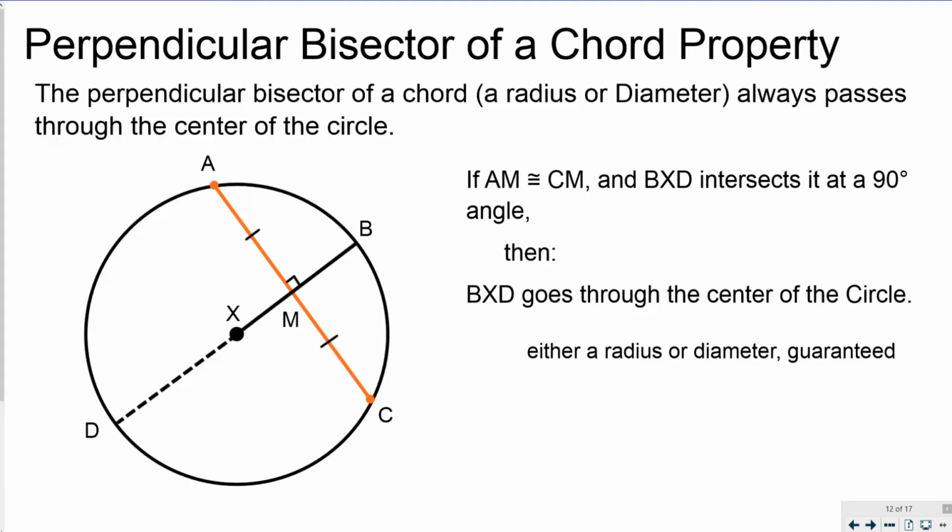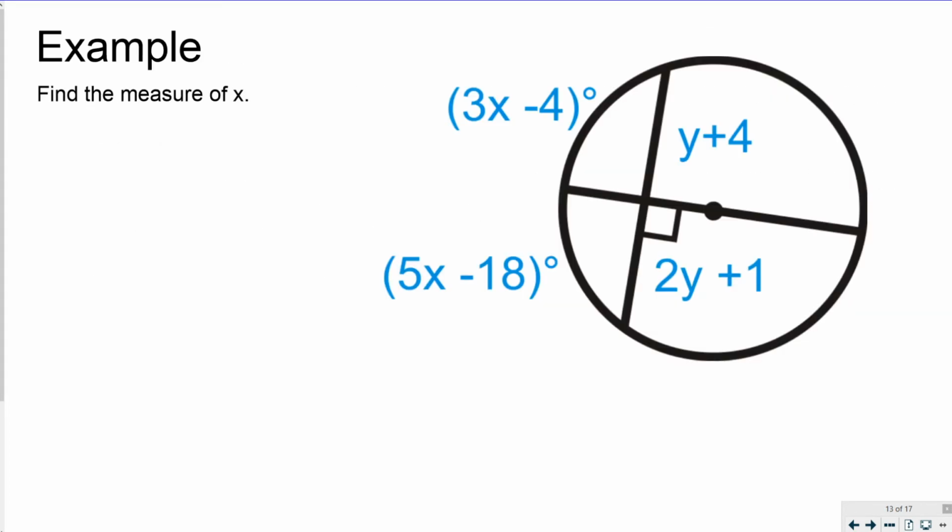So let's go ahead and continue. Let's apply this property. So find the measure of X, and we're also going to find Y. So if this is true, okay, this is a 90-degree angle.